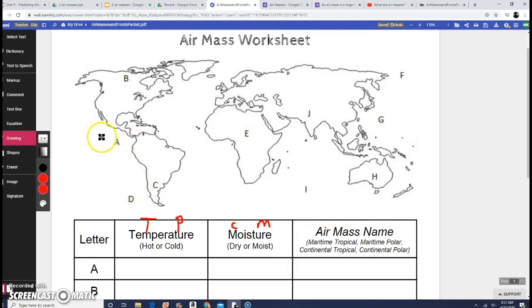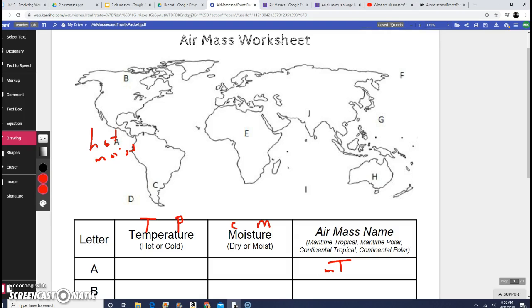So letter A is here, and that would be more of a hot area. So it's going to be hot here, and then if it's going to be over the ocean, it's going to be moist. So if it's hot and moist, we will call it a T for tropical, and then M for maritime.